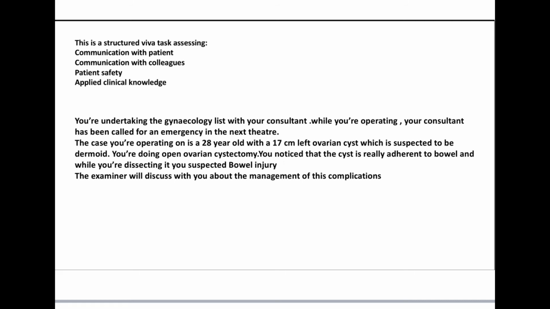Then I need to assess the degree of complexity of the planned surgery. So if I am going to do a dermoid cyst of 17 centimeters, I may expect that it may be amalgamated with all the structures around, okay? So I need to assess that this will be a complex surgery.